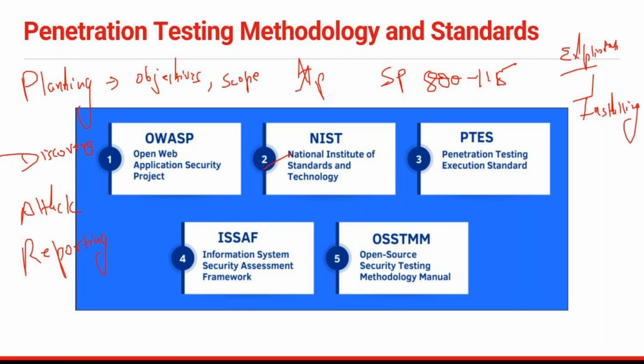Once you have exploited the vulnerability, maybe that vulnerability will be patched. If the vulnerability is patched, even then you should have a second way to get inside the organization. That's why you install different backdoors so that you can take the access.